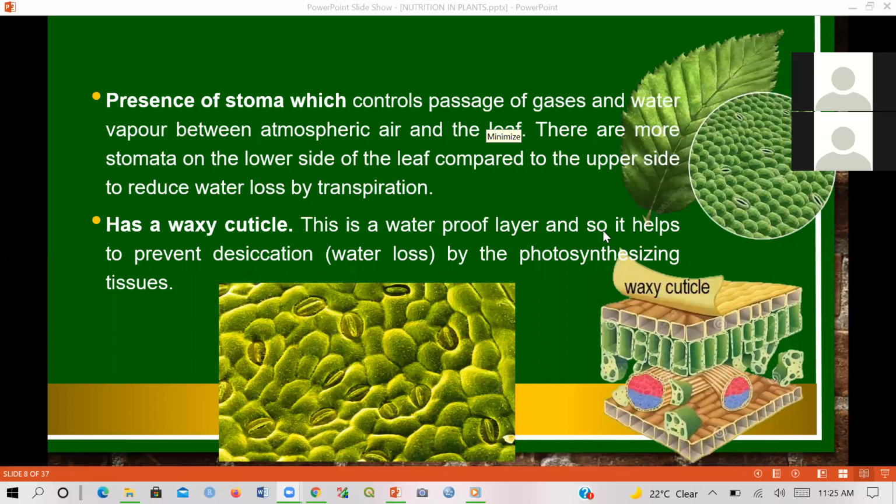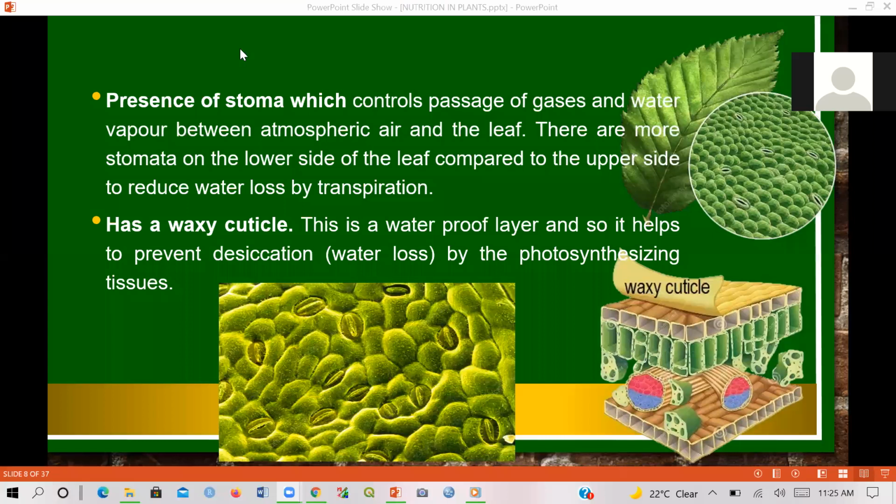Yes, Abima? Kindly go to the previous slide where you are talking about the veins. Will you kindly go there? Yes, this last point, we could split it into two.